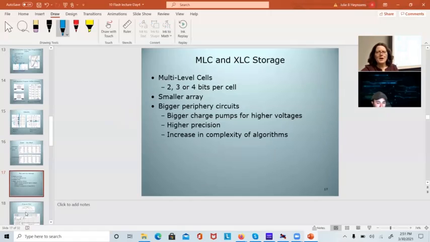Part of the reason we go to this complicated process of stepping the voltage up for each individual cell and programming and verifying it is because when we go to multi-level cells, when I'm trying to put 2 bits, 4 states in one cell, or 3 bits, 8 states, or 4 bits, which is even worse, 16 states in one cell, I need a very high degree of accuracy for that threshold voltage.